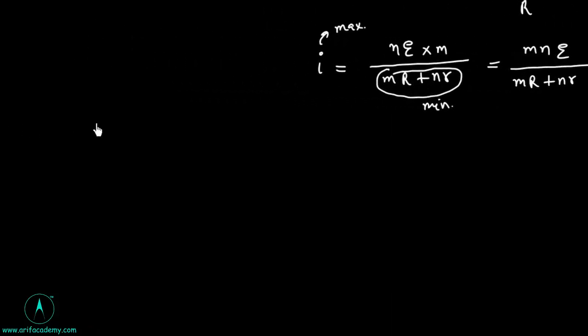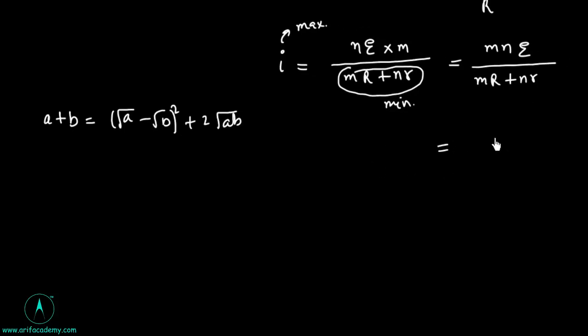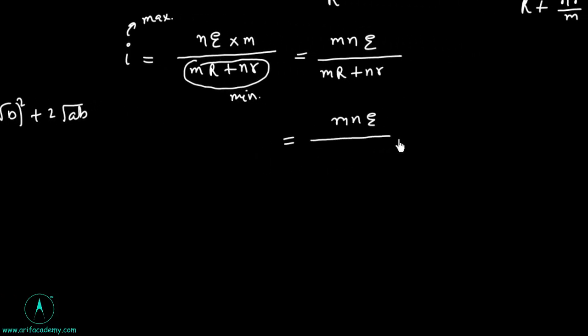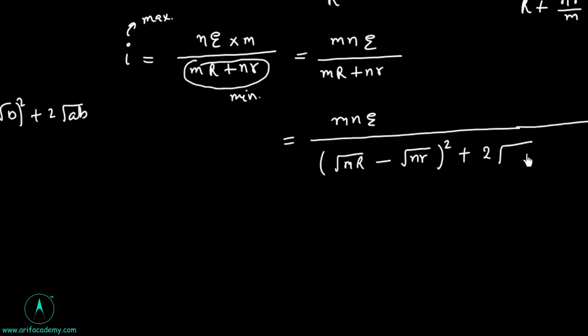Now we know that a + b can be written as (√a − √b)² + 2√(ab). So I = mnE/[(√(mR) − √(nR))² + 2√(mR)·√(nR)].